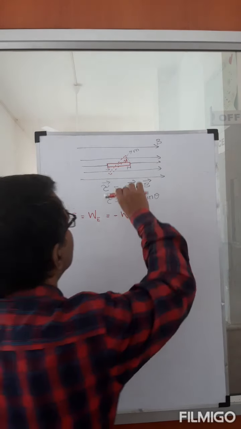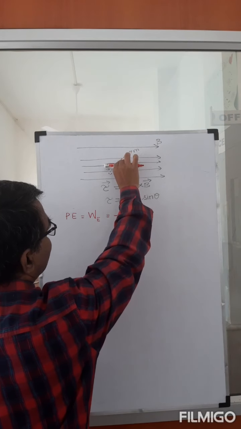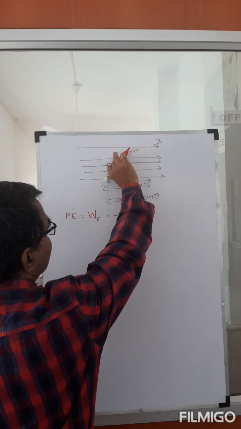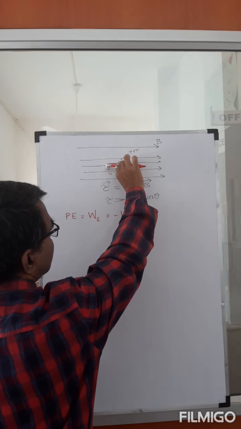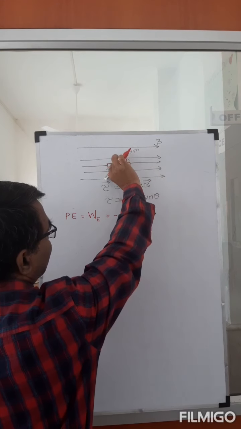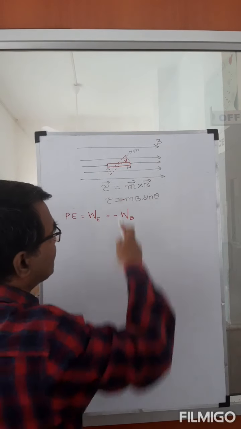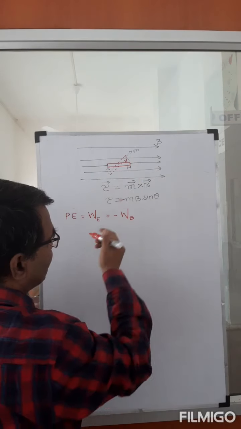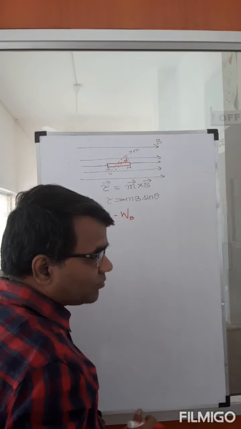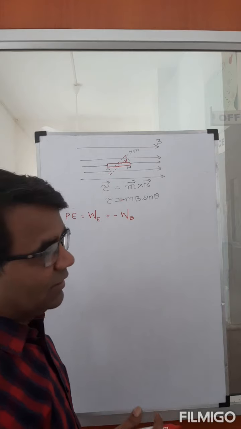So when I take this magnet from here to this position, what is the potential energy? First I need to calculate the work done by the magnetic field, and the negative of that is the potential energy of it. Fine.